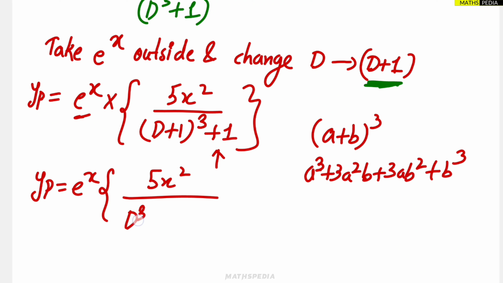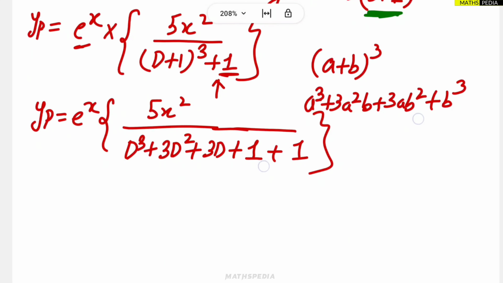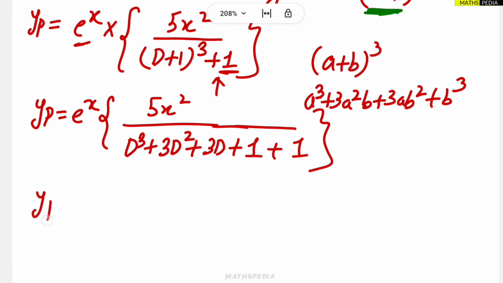So d cube plus 3d square plus 3d plus 1, and plus 1 also is there, right? Plus 1 plus one more extra one is there. Now what is the final thing you're getting? Yp is equal to, so I'll directly write here 1 plus 1 is nothing but 2.